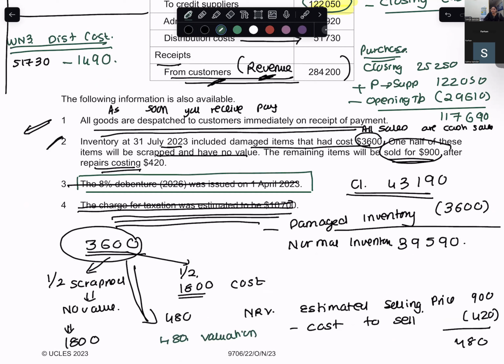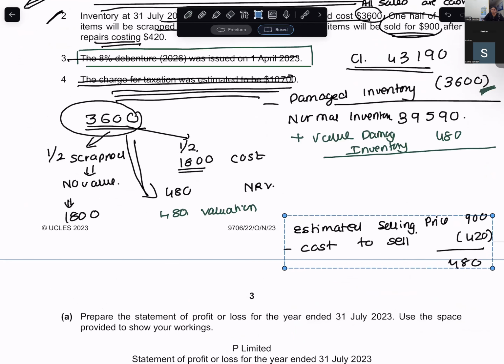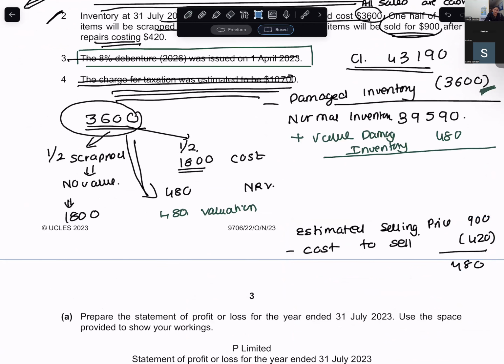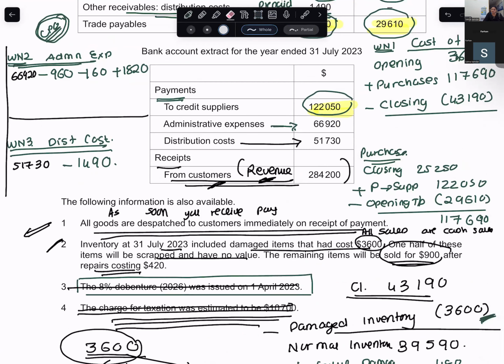So you removed the damaged inventory and you will value the damaged inventory at 480. So what is the exact value of your closing inventory? 40,070. So when I'm doing my cost of closing inventory, I will minus 40,070.